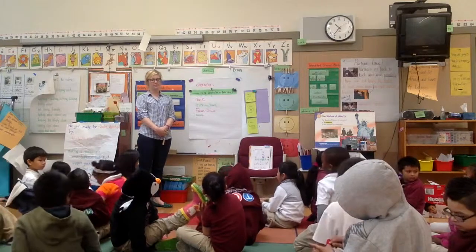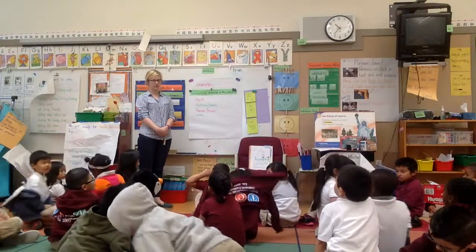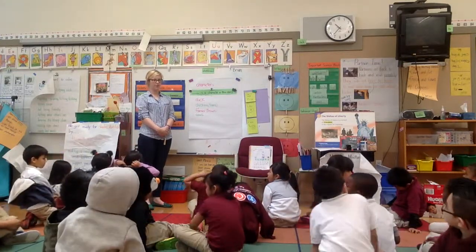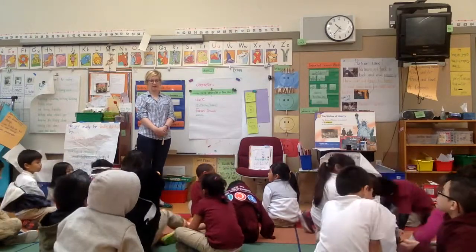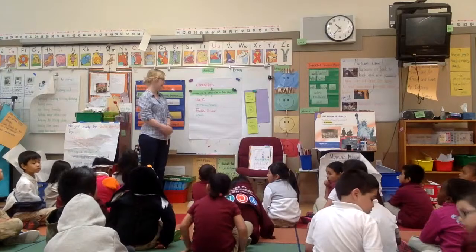So I'm going to wait for friends to be on their bottoms, take their sweatshirts off their heads, not be touching each other. I'm waiting for Jose, I'm waiting for Yaretsi, I'm waiting for Helen and Ashley. On your bottom. Thank you.